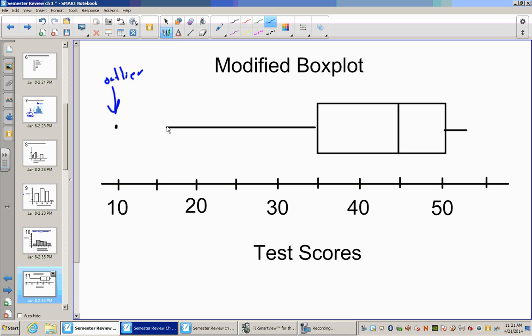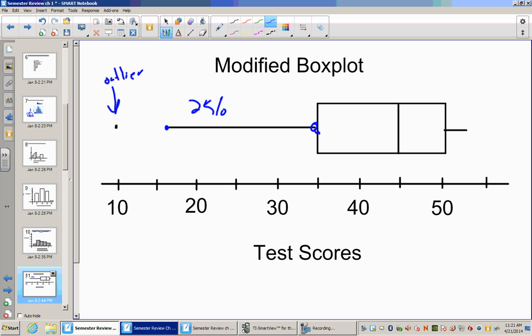Now, here we also know that the next data point up is somewhere like 16. Hopefully this isn't percent, because that would be a pretty bad test. But we also know that 25% of the data is below Q1.